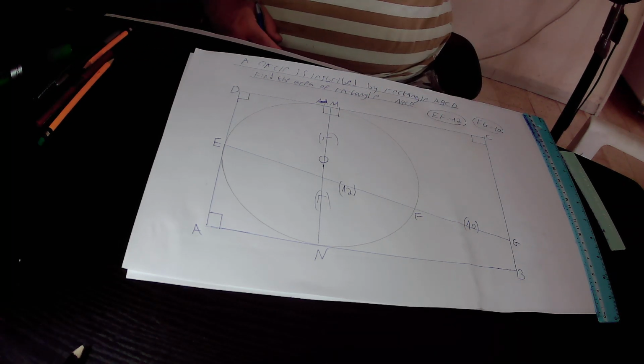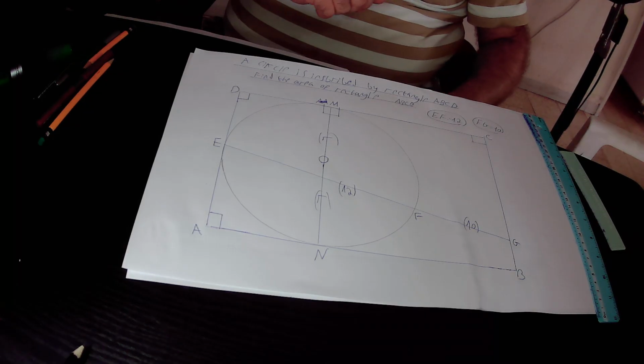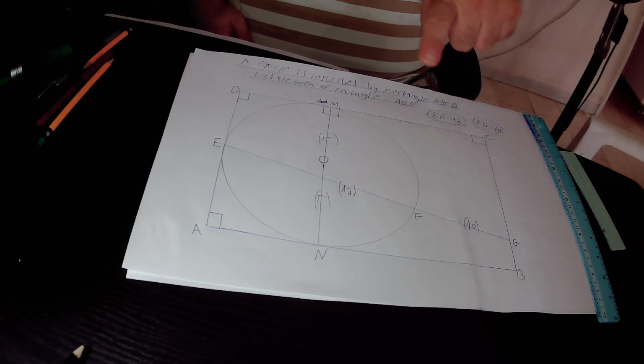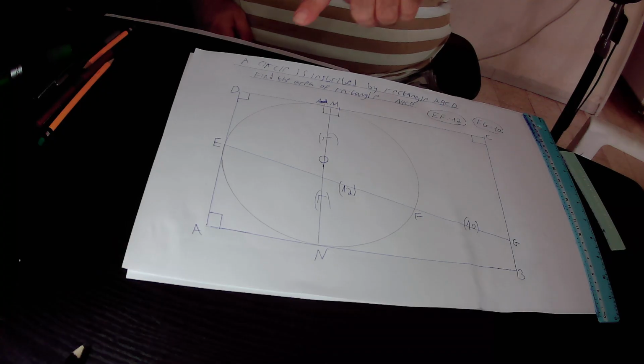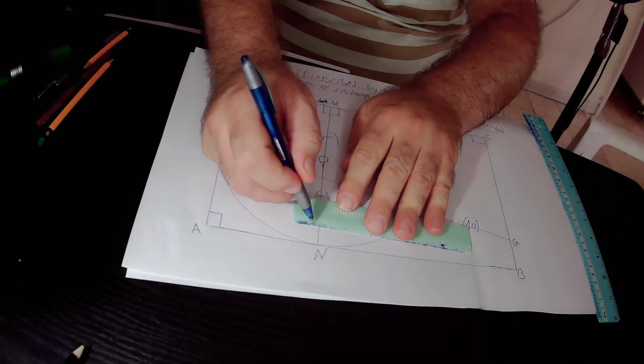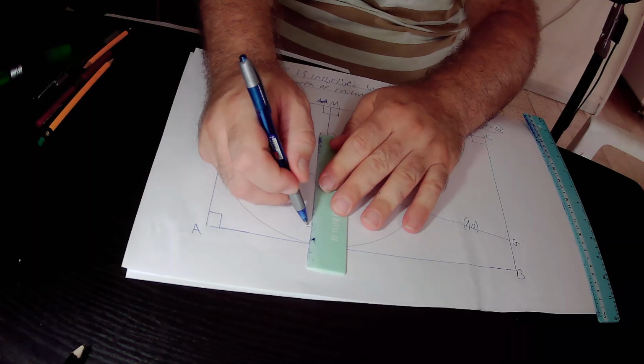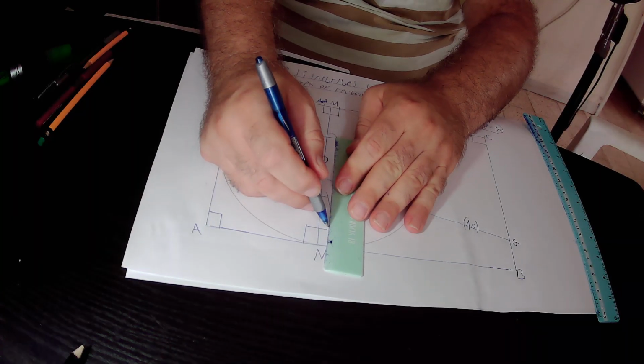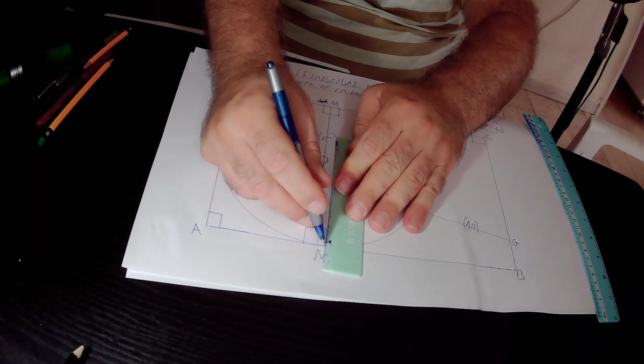And whenever you have a radius that is drawn to the point of tangency, then tangent AB will be perpendicular to the radius NO. If AB is perpendicular to NO, it means that this angle equals 90 degrees, and this angle also equals 90 degrees according to the same rule, rule 1.